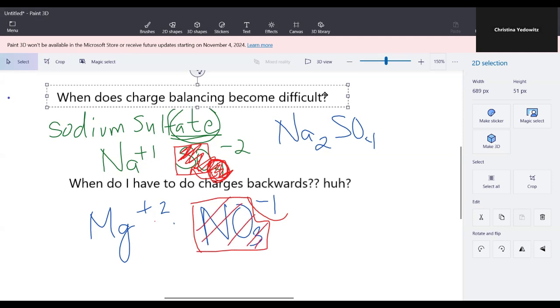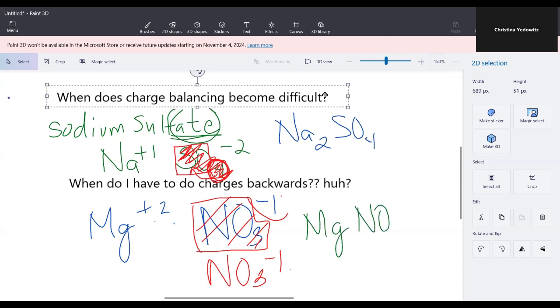I'm not touching this subscript the way I would with other situations where they're single atoms. So I'm going to go ahead and put a second nitrate on there. Now I have 2 minus charges and 1 +2 charge, and they are balanced. Then there's the part where I have to actually write that out. So I'm going to say magnesium nitrate. Nitrate just looks like that. And I want to say that I have 2 of them.